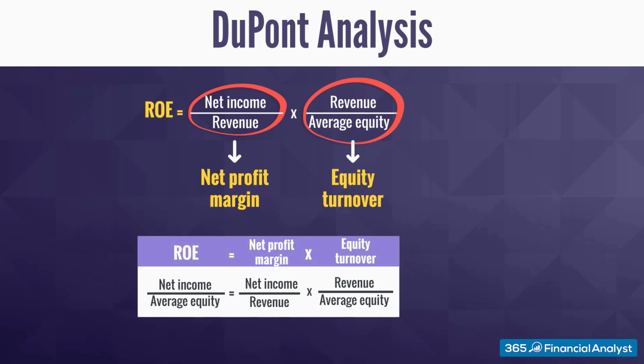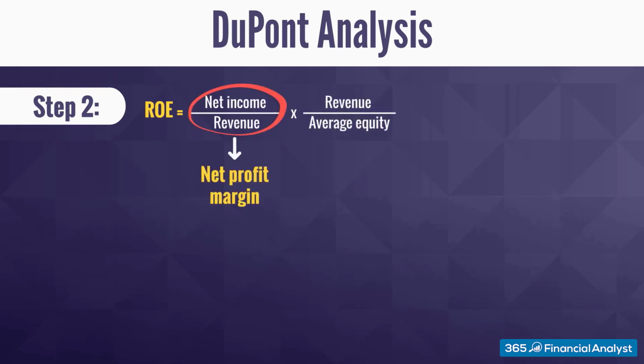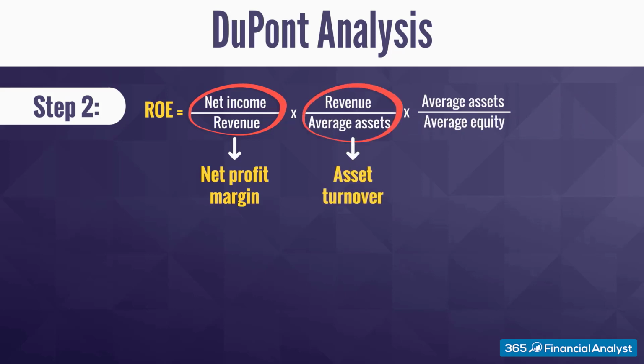Terrific. Let us perform the same task once again, but this time you multiply both the numerator and denominator in the equity turnover ratio by average total assets instead. What's the result? Revenue divided by average total assets is the asset turnover ratio, and average assets over average equity is the financial leverage ratio, right? Clever.